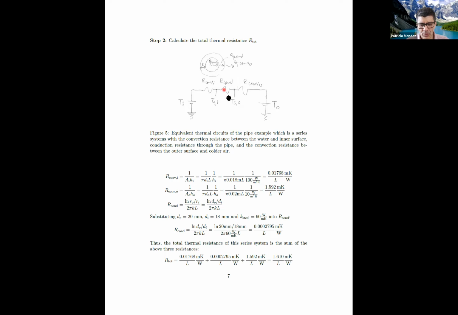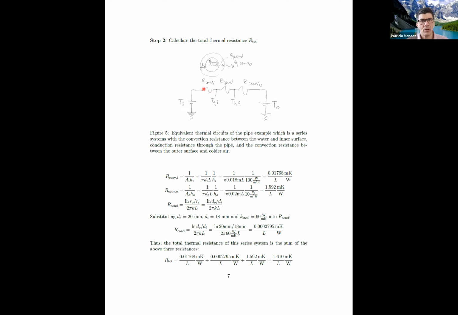One resistor was the one of conduction in the pipe. And the pipe, because it's cylindrical, we use the formula for cylindrical geometries. And then there is the resistance of convection outside the pipe and the thermal resistance of convection inside the pipe.